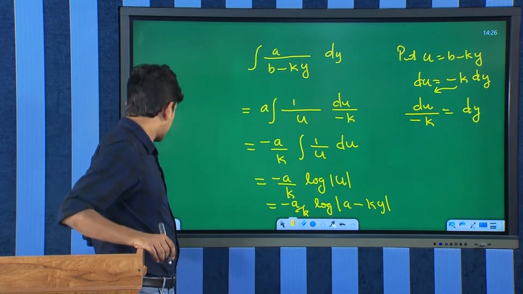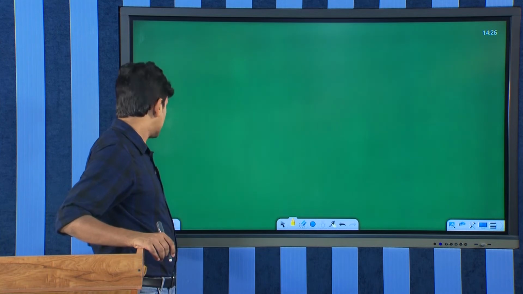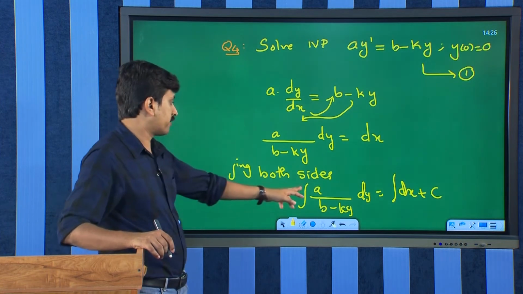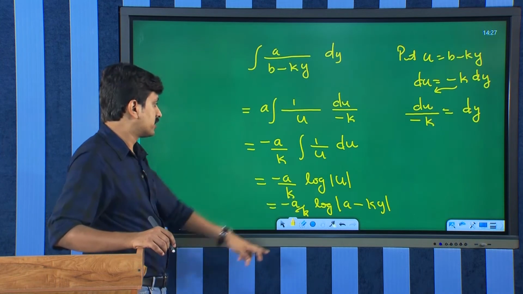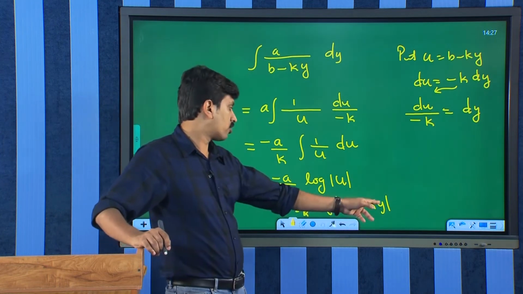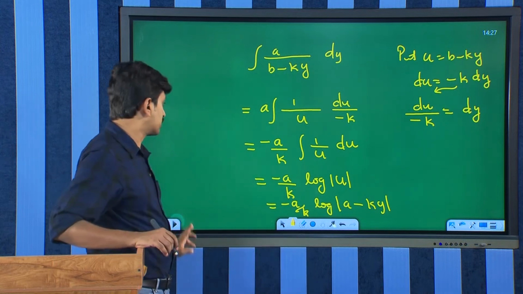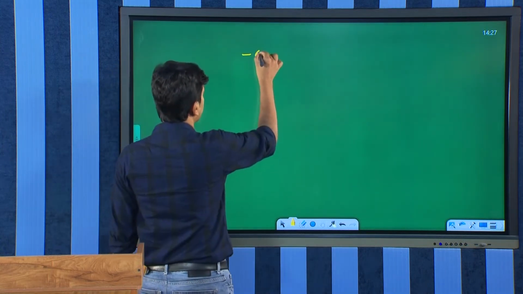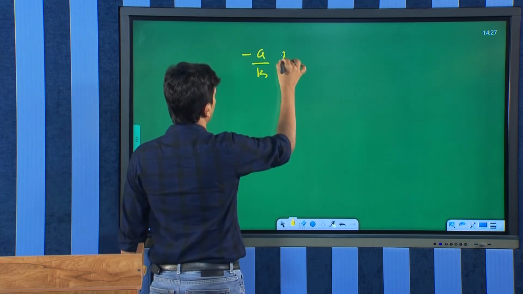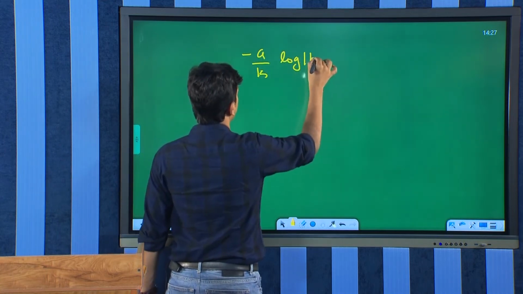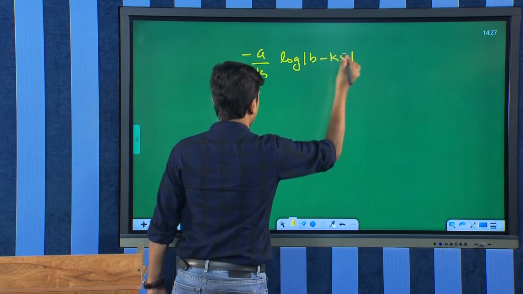So, the integral of a divided by b minus ky dy has the value minus a by k log mod of b minus ky.